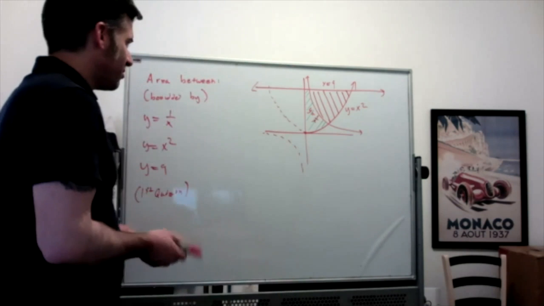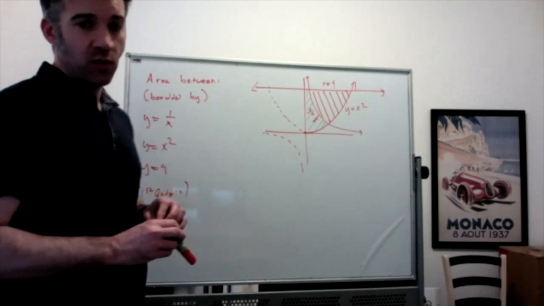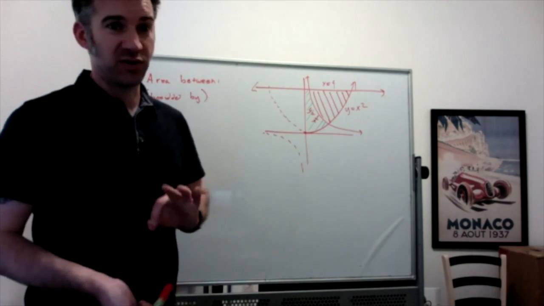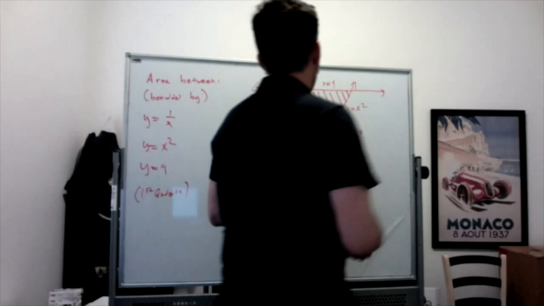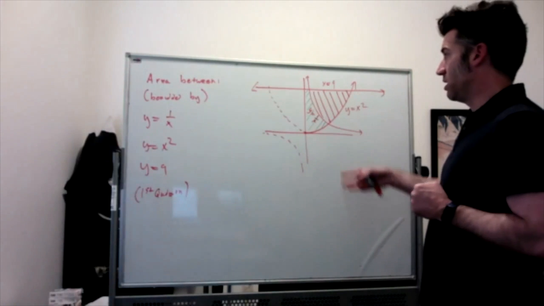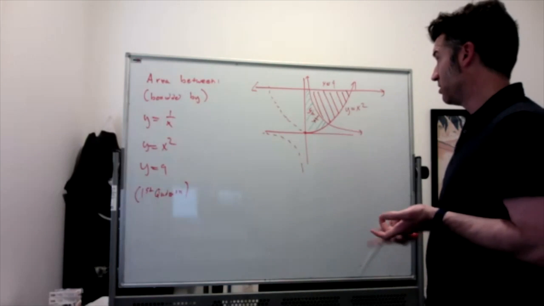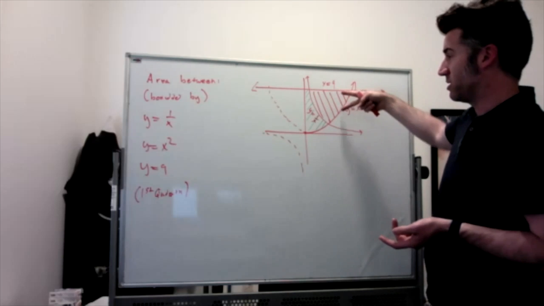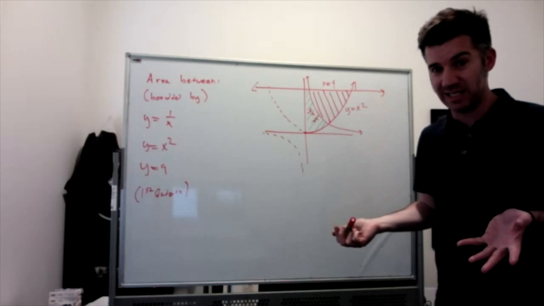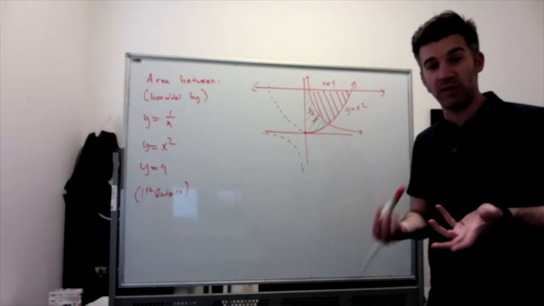All right, so here's the deal. We're going to do what we did before, but there's an extra kind of twist. If I want to find the area of the vertical rectangle, well, vertical rectangles here have different heights or different functions bounding their heights.